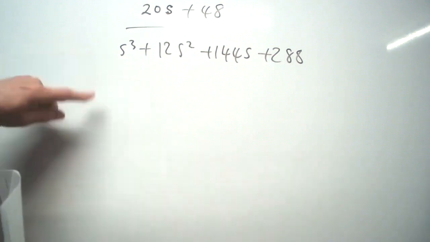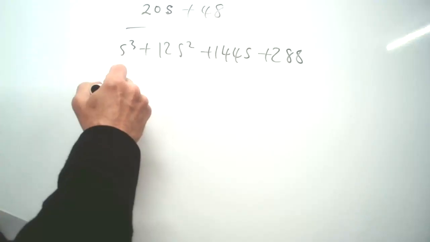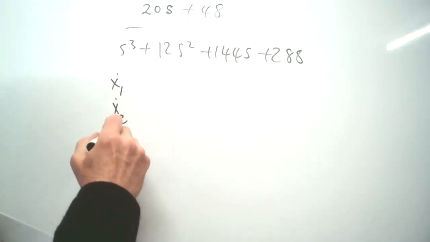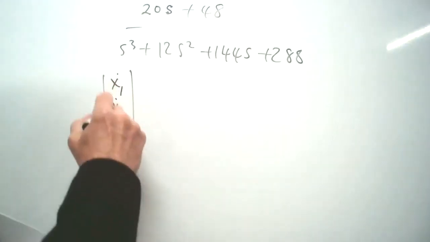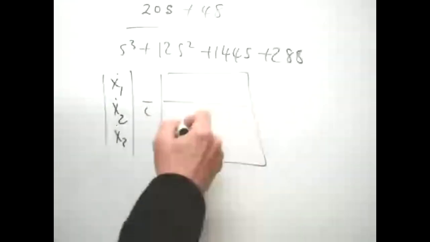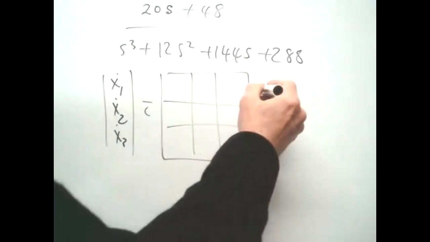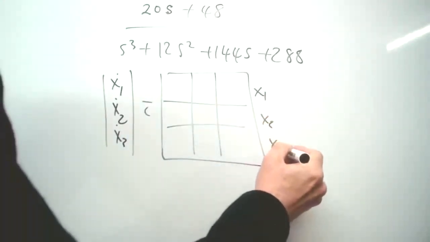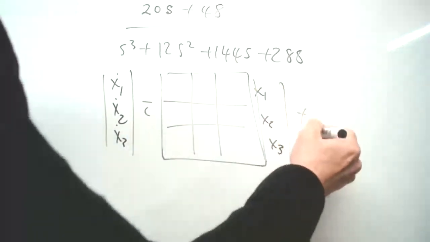So the second part of the question now was to convert this into companion form. So cubic equation, so it's going to be x1 dot, x2 dot, x3 dot, and we'll have a 3 by 3 here, x1, x2, x3.